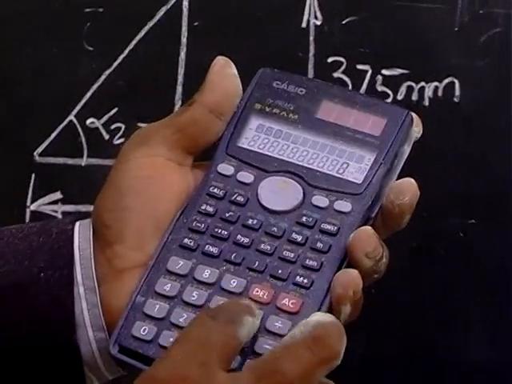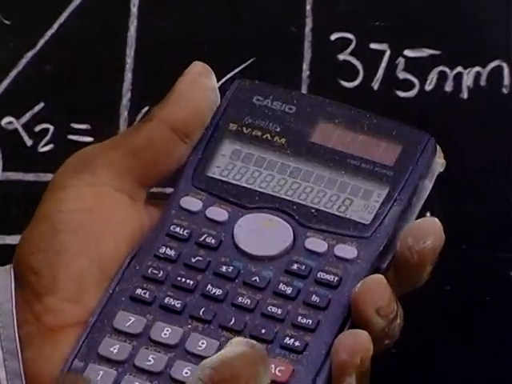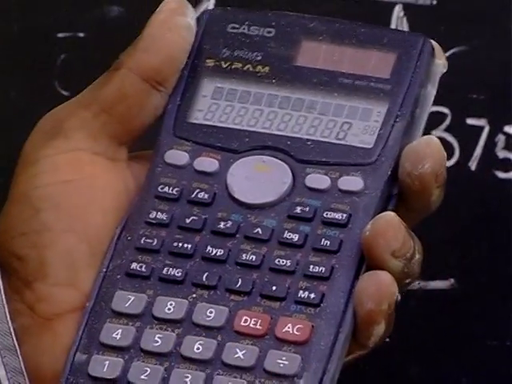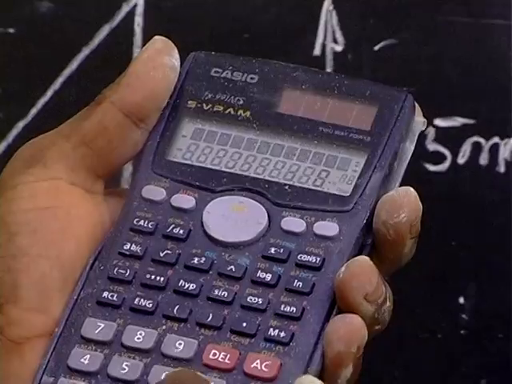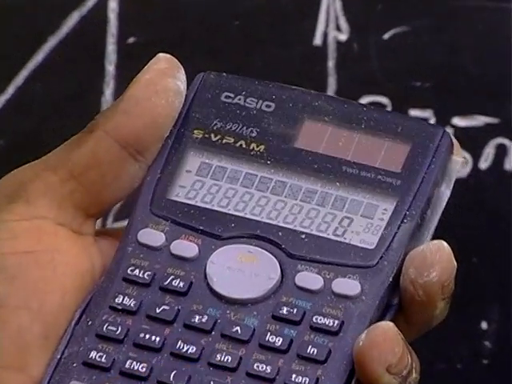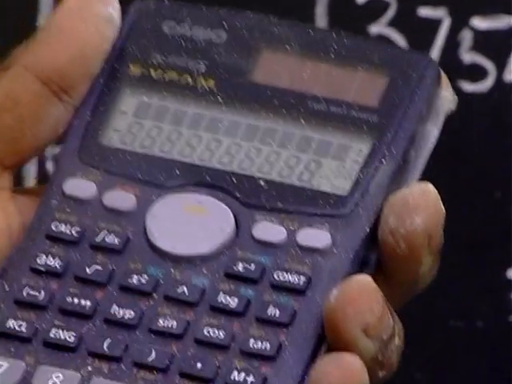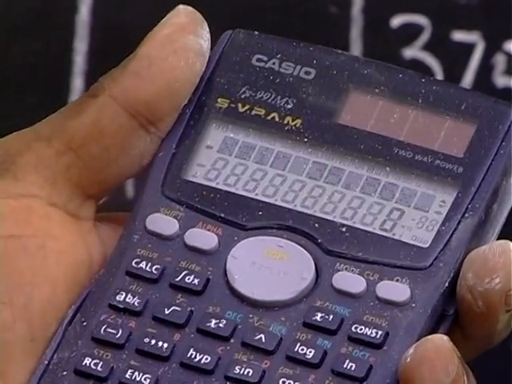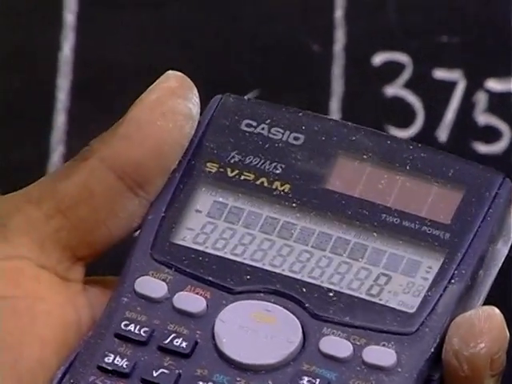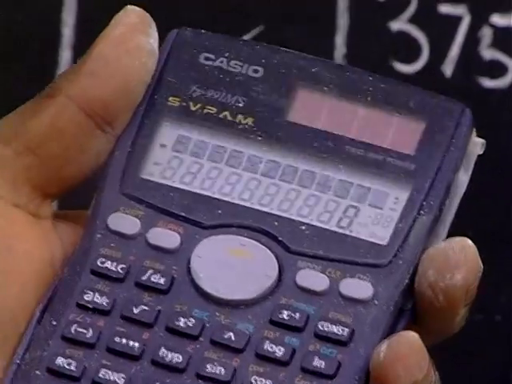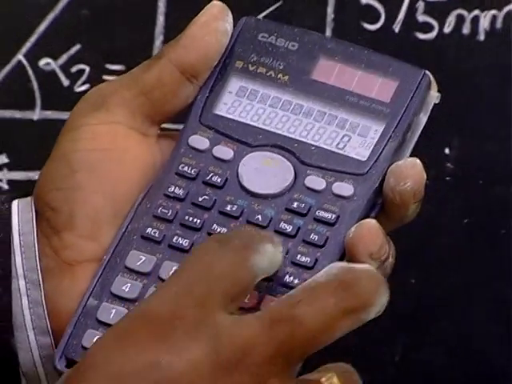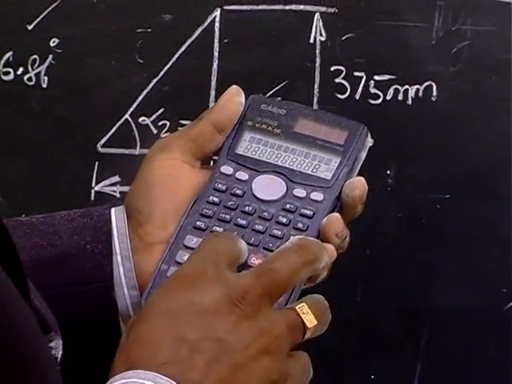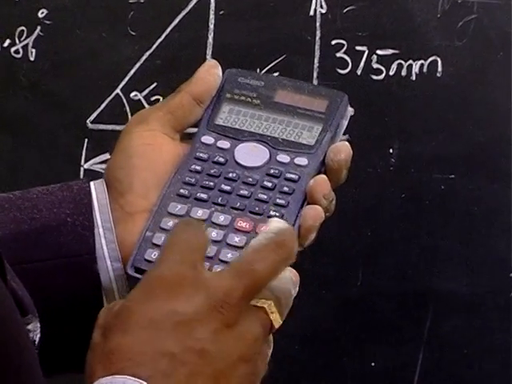660 multiplied by 700, then plus 550 multiplied by sine of 36.86 multiplied by 200, plus 374 multiplied by sine of 61.92 multiplied by 200.